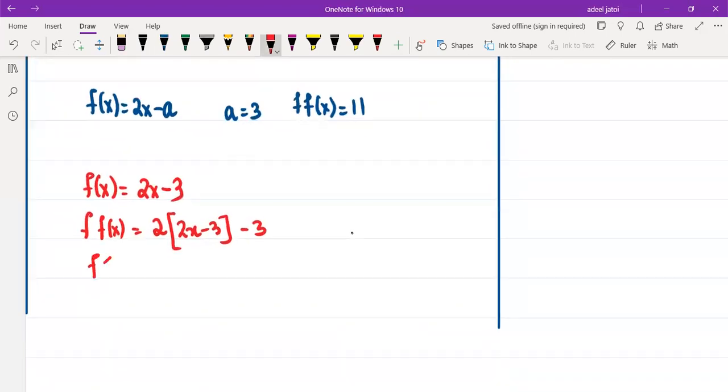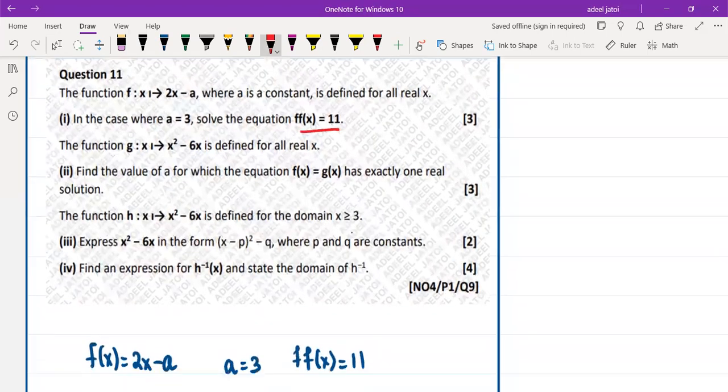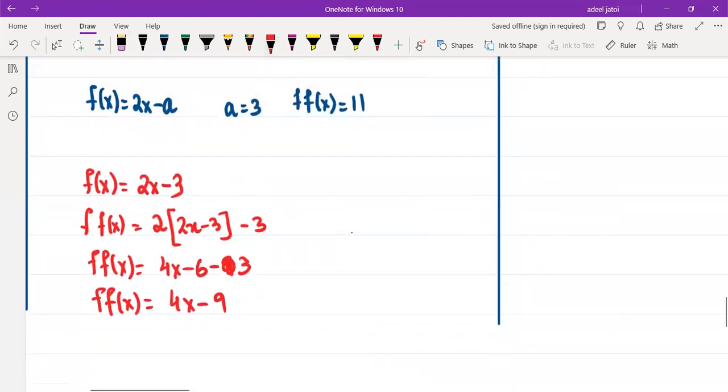So let's just solve this. This should be 4x minus 6 minus 9. f(f(x)) becomes 4x minus, 3 and 6 means minus 9 in total. So can I say that the question clearly mentioned that f(f(x)) is equal to 11?